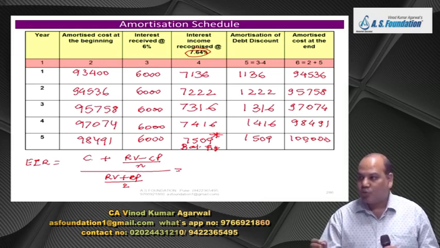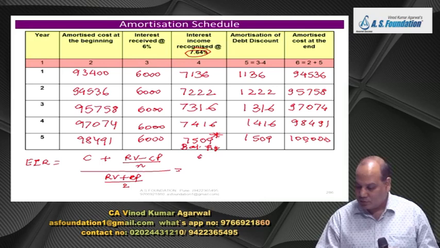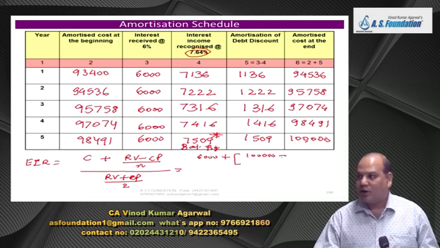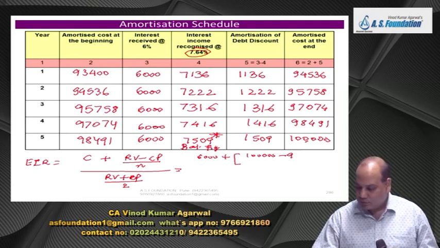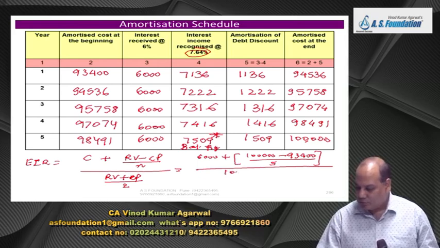C means coupon. In our example, it is 6,000. Redemption value is 1 lakh in this example. CP means current price. Current price in this question is 93,400. Somewhere this is fast, you will not go wrong, and it is acceptable in the exam also. N means number of years. Divide by (1 lakh plus 93,400) upon 2.